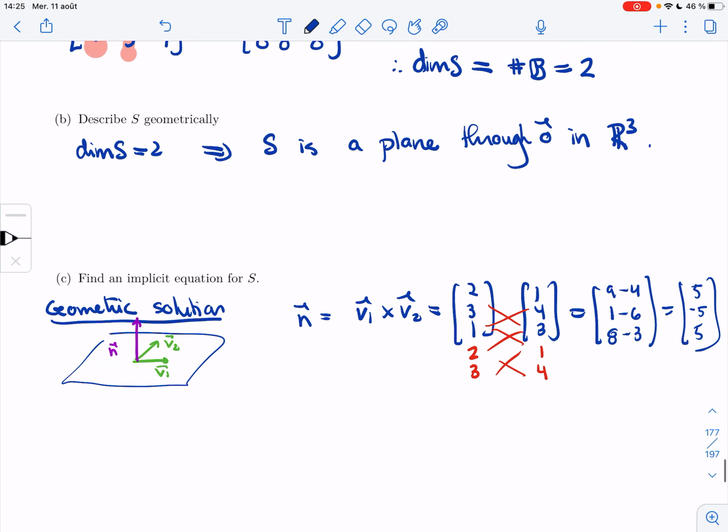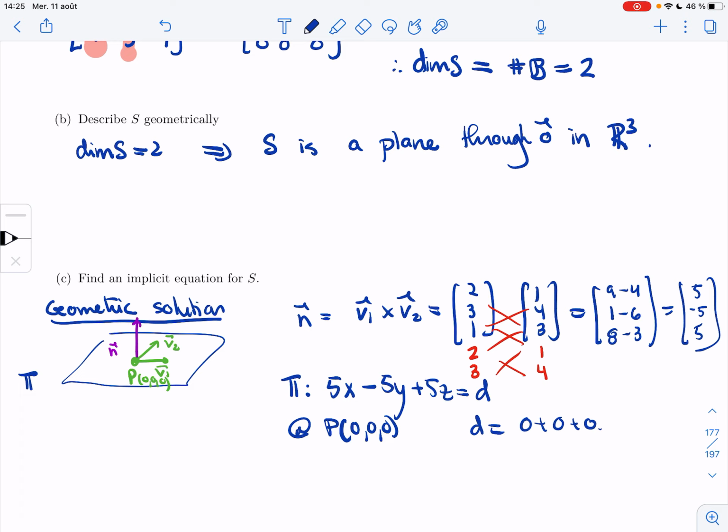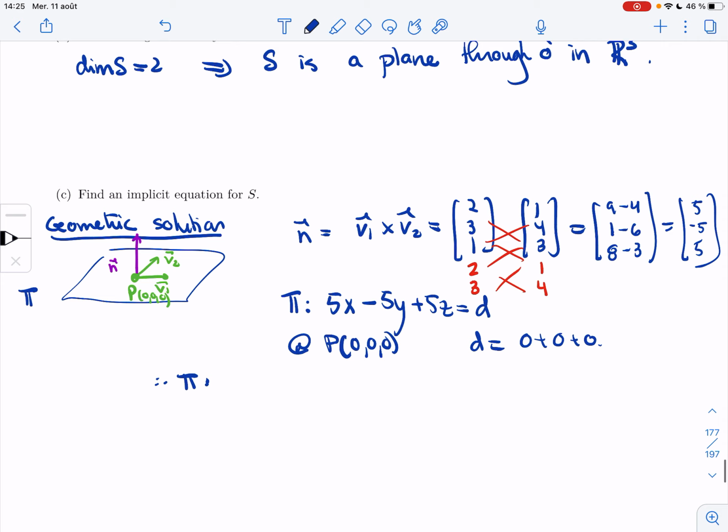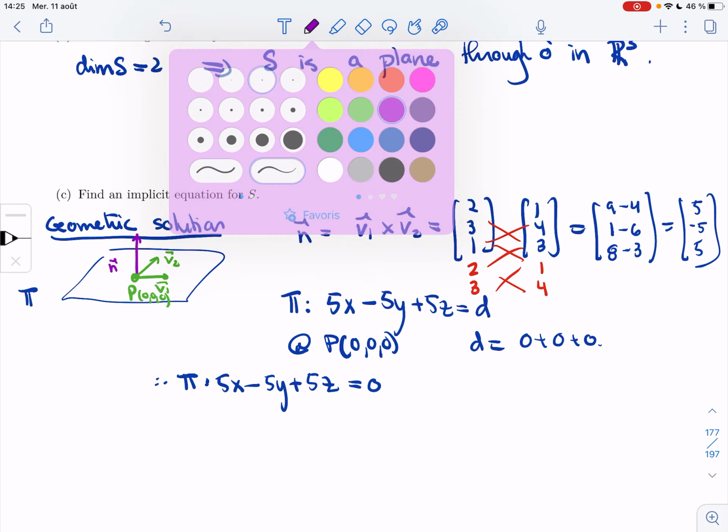And so the plane will be 5x minus 5y plus 5z equals d. And then if I plug in my point, we know it's through the origin, so that point we could always take to be (0, 0, 0). I'm going to get that d is 0 plus 0 plus 0, and so here's my solution.